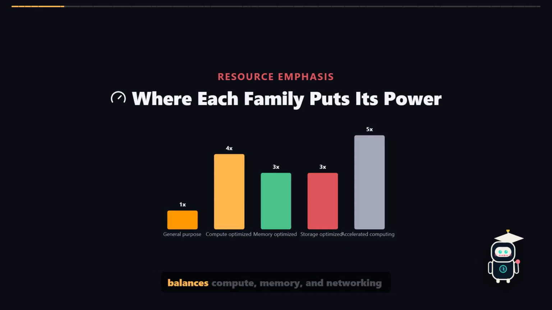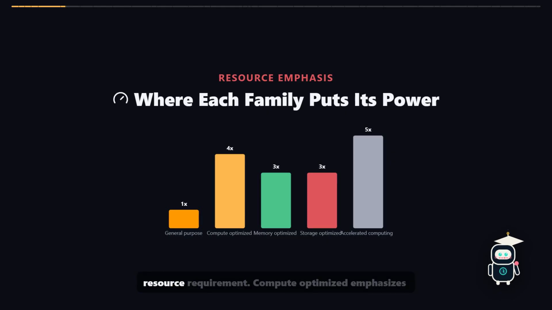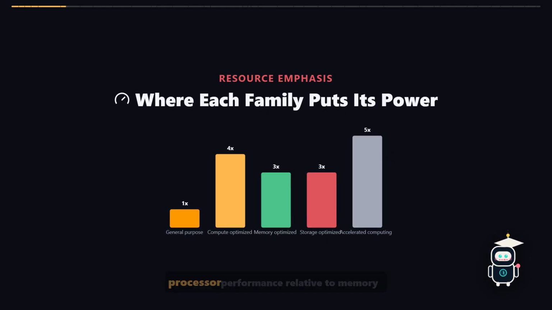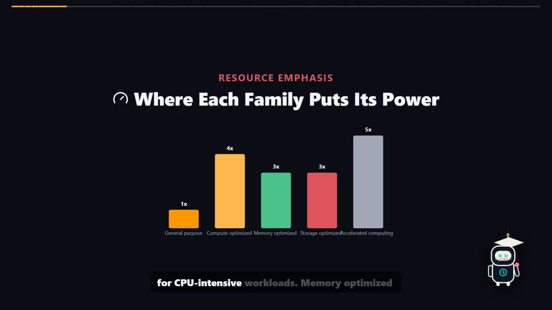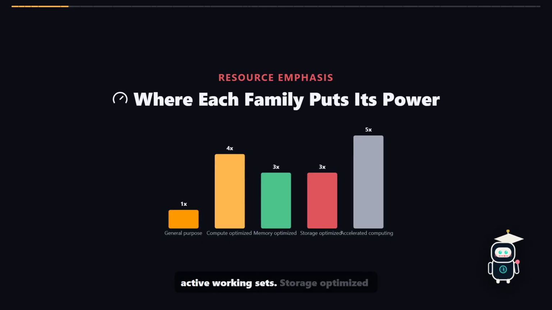General purpose balances compute, memory, and networking for workloads without one dominant resource requirement. Compute Optimized emphasizes processor performance relative to memory for CPU-intensive workloads. Memory Optimized emphasizes RAM capacity relative to compute for workloads with large active working sets.